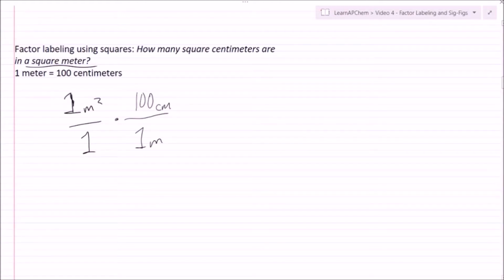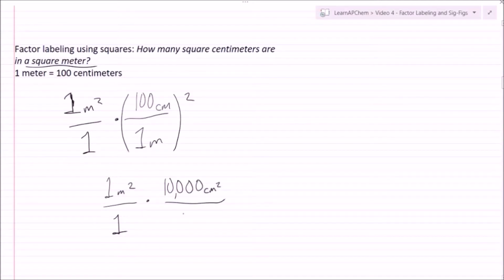Well, here we have a problem because I can't cross cancel meter and square meters. So in this case, all you have to do is just square your conversion factor. And so what I'd be left with would be this: 10,000 centimeters squared equals 1 meter squared. So I get that in 1 square meter, there's 10,000 square centimeters.